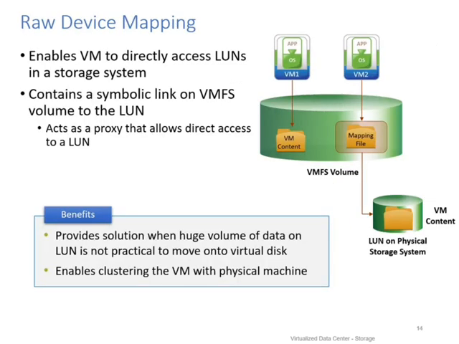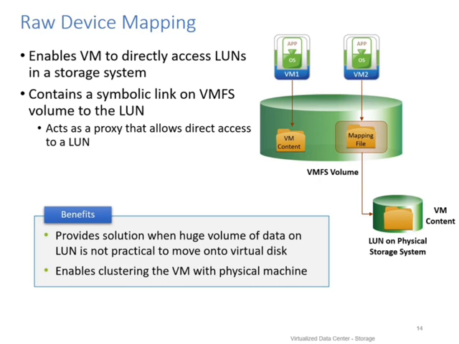Virtual machine can store data directly on the LUN in the storage system instead of storing its data in a virtual disk file on the VMFS volume. Storing data in this way is useful when the applications running on the virtual machines are required to know the physical characteristics of the storage device.